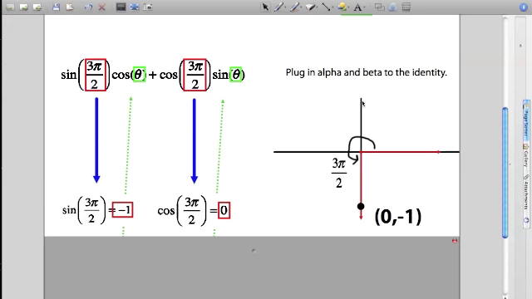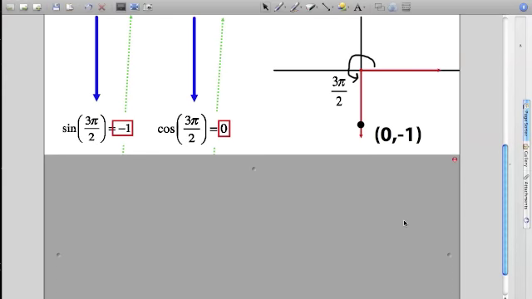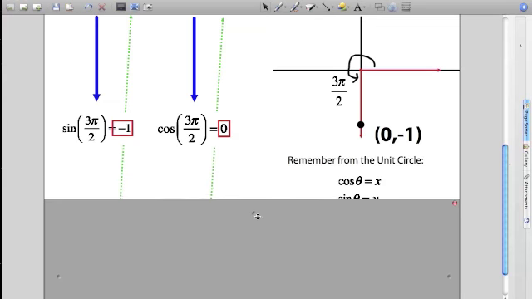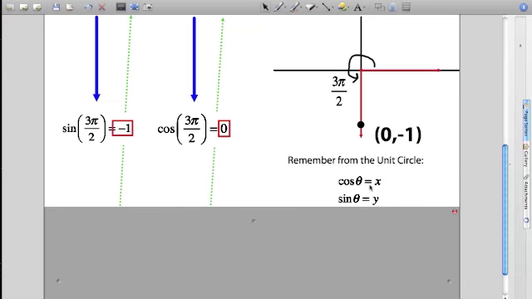At 90 degrees, it would be (0, 1). At 180 degrees, it's (-1, 0), and of course down at the bottom we have (0, -1). That's nice because, if you remember from our unit circle, the x-coordinate and the y-coordinate correspond to the cosine and the sine, as you see on the screen.